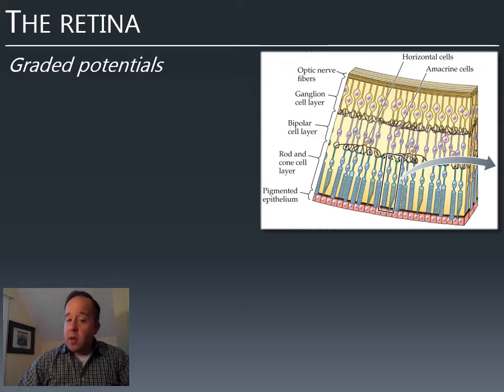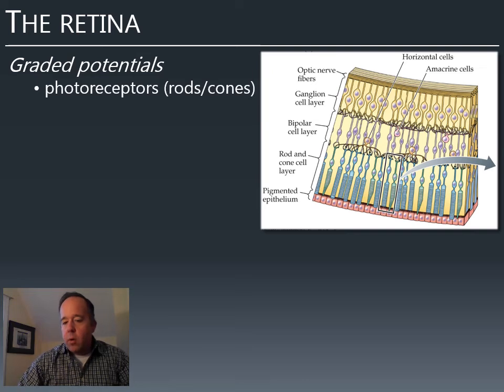They exhibit these graded potentials. So a very strong stimulus will result in a lot of neurotransmitter release. A moderate stimulus will result in a moderate amount of neurotransmitter release. And a weak stimulus will result in a little neurotransmitter release. So the amount of neurotransmitter being put out depends on the strength of the stimulus, and that's something new.